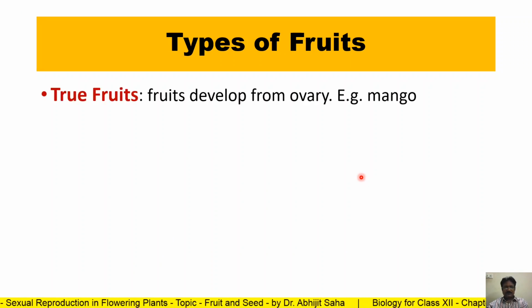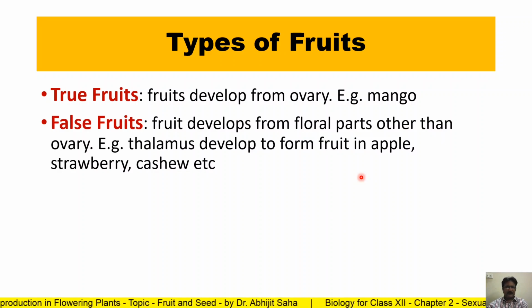Let us now study the types of fruit which we commonly understand. Number one, true fruits. What are true fruits? These are the fruit which develop from the ovary. For example, mango. In our daily life, we come across different fruits.